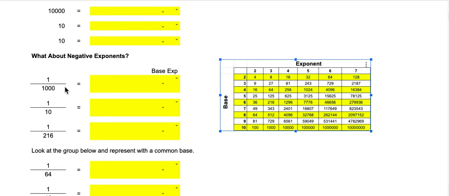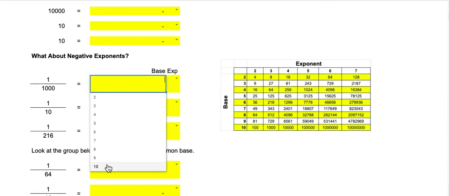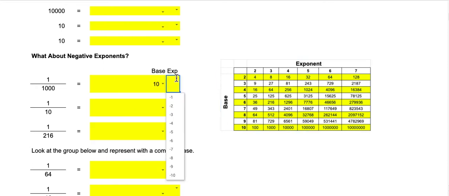But since I'm dividing by 1,000, I've got repeated division instead of repeated multiplication. So we remember from negative exponents that it's going to be 10 to the negative 3 now, because it's a fraction. Now 1 over 10. Oh, 10's right here.